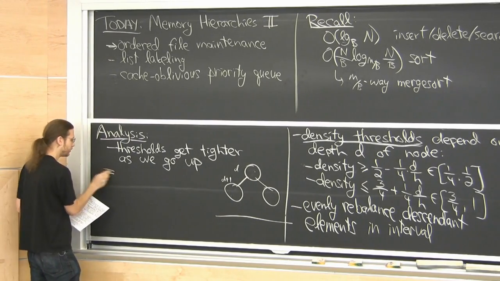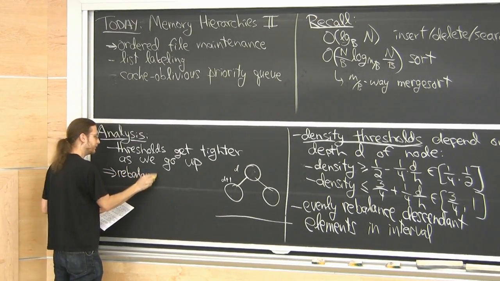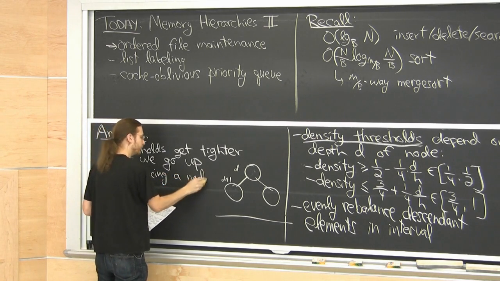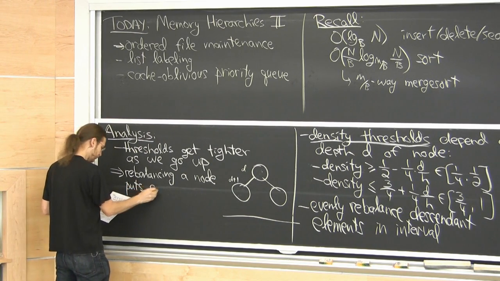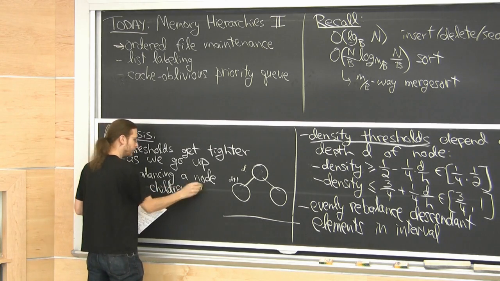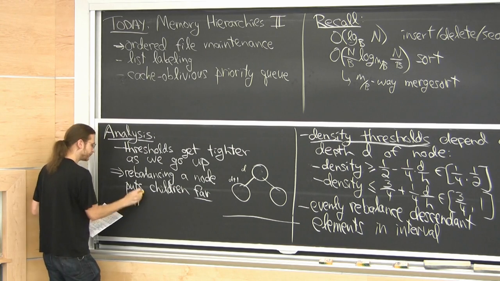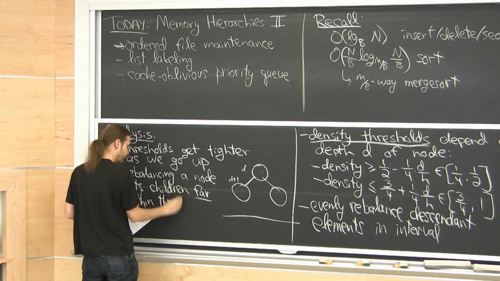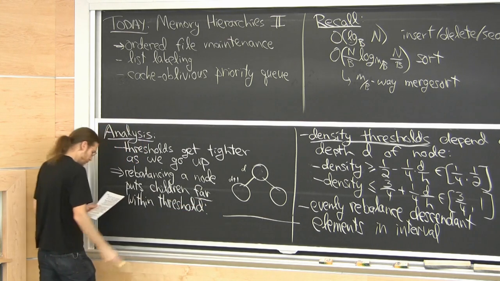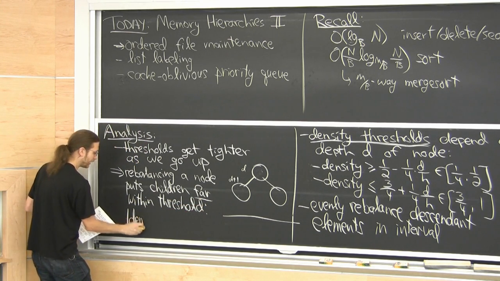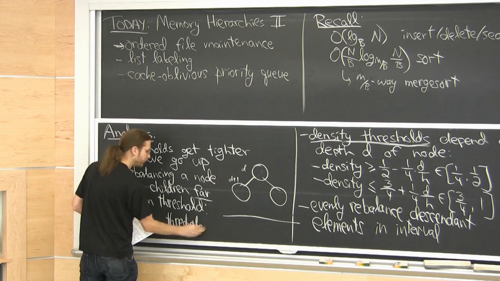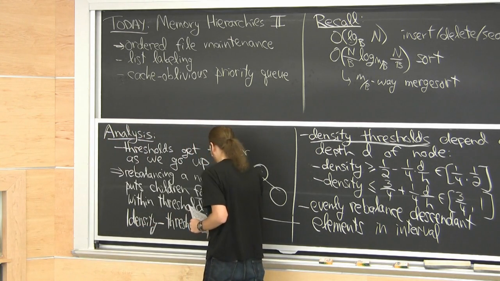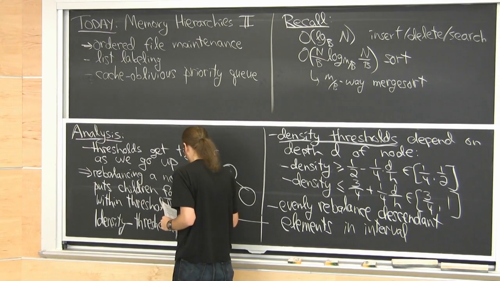Okay, so when we rebalance a node, we put the children far within threshold, meaning if we look at the absolute difference between the density and either the upper threshold or the lower threshold, that will be, I guess, at least 1 over 4h.